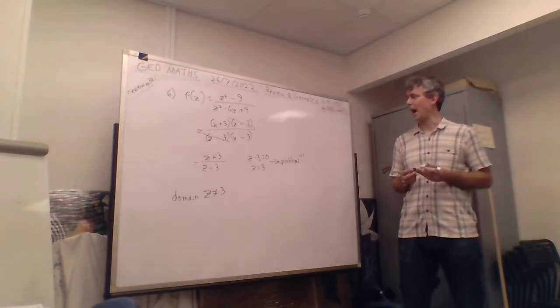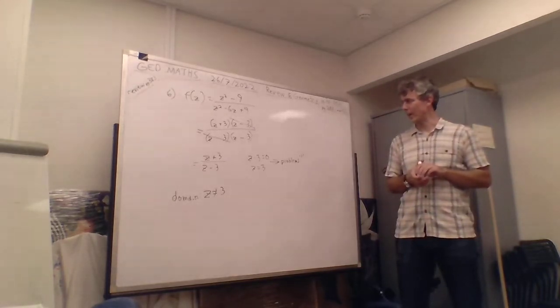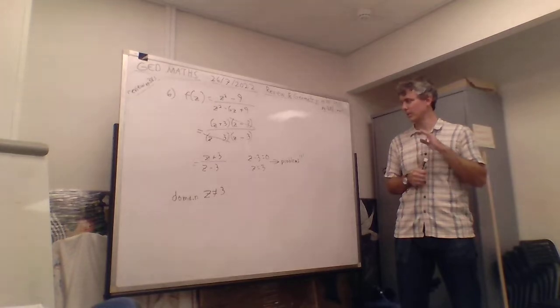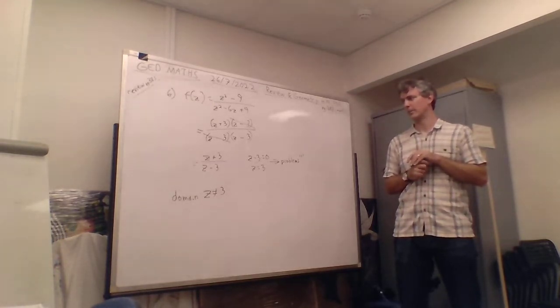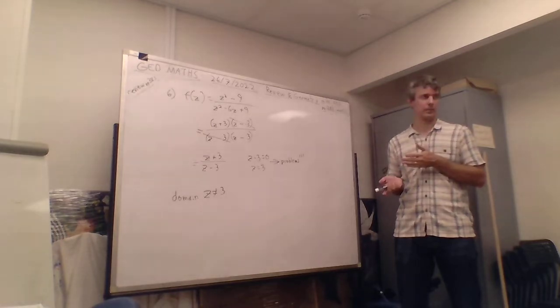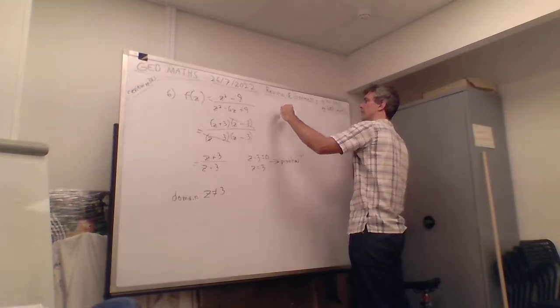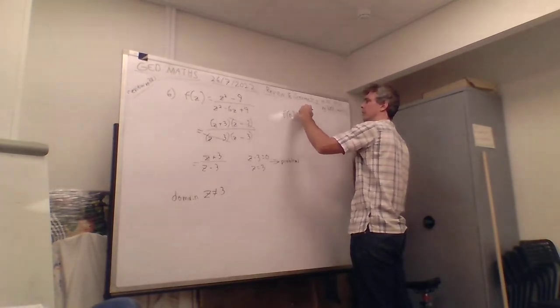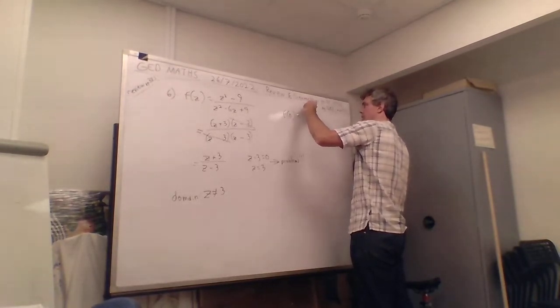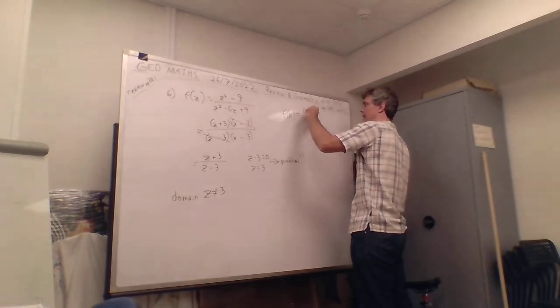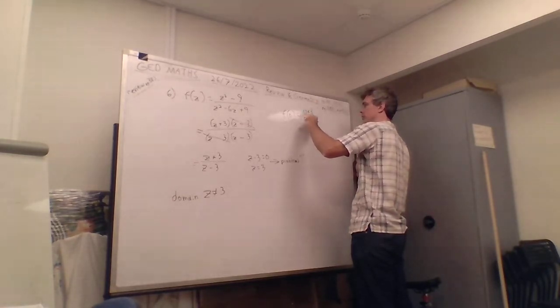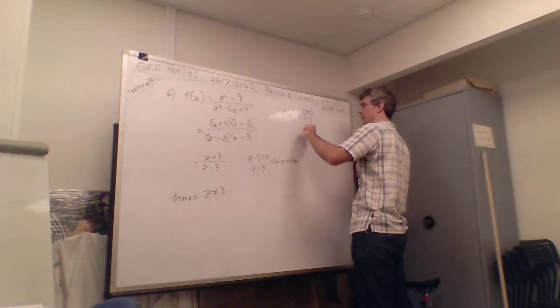Now, for our range. Say z equals 0, then we have 3 over minus 3. So let's see. z of 0 equals 0 plus 3 over 0 minus 3, which is 3 over minus 3, equals minus 1.